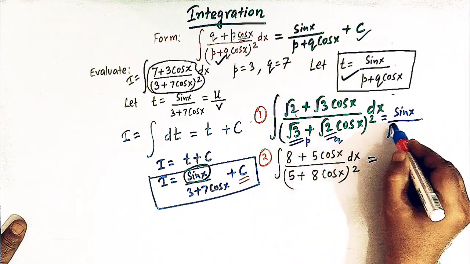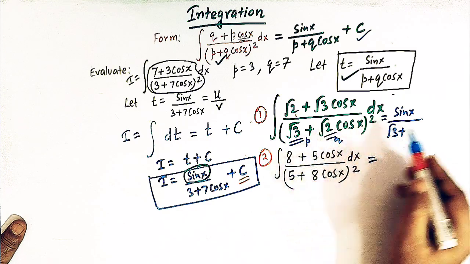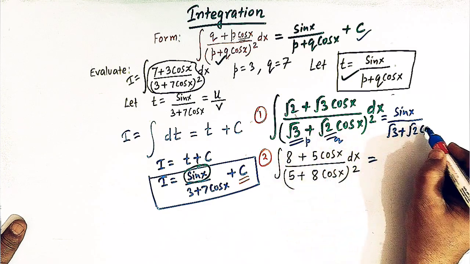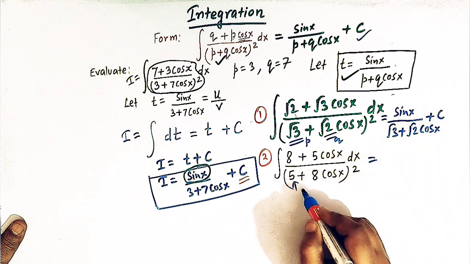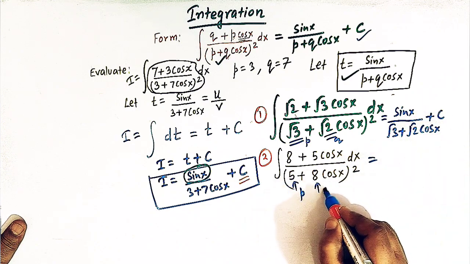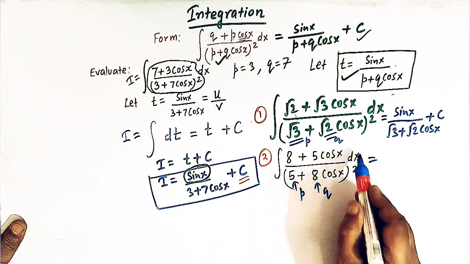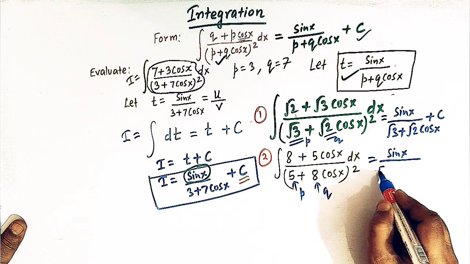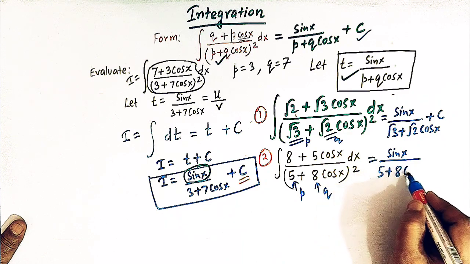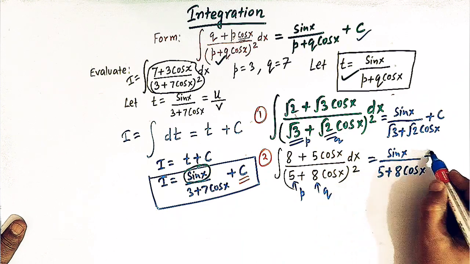P is the square root of 3 and here we have root 2 cos x plus c. And in this case, the value of p is 5, the value of q is 8. So the direct value of this integral is sine x over 5 plus 8 cos x plus c.